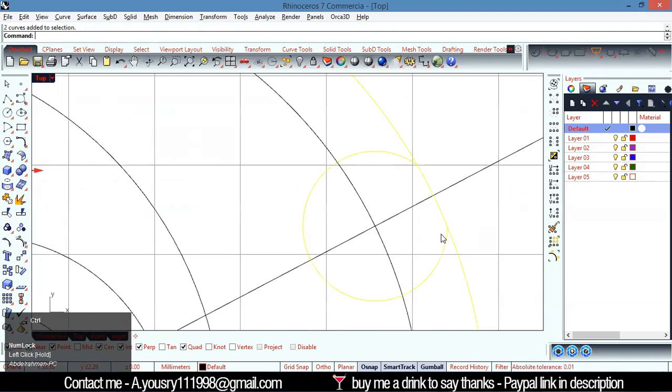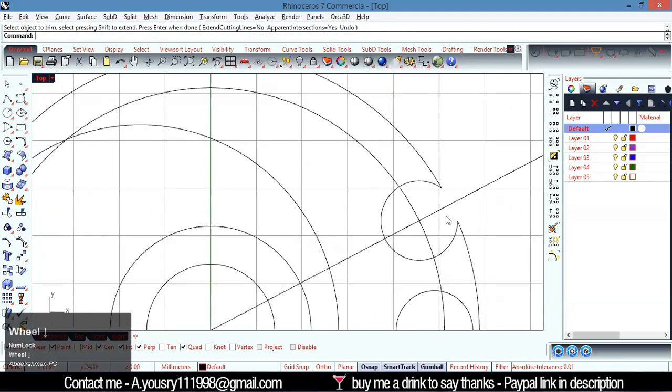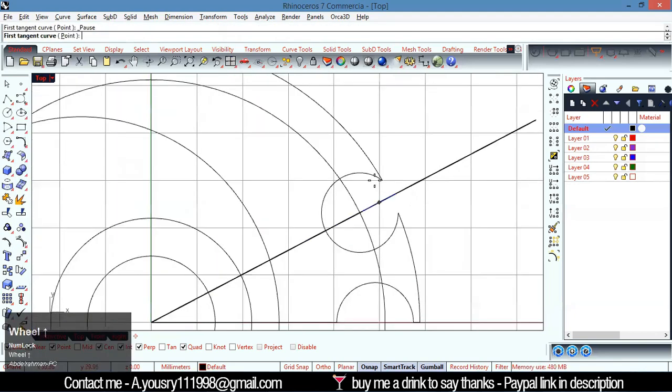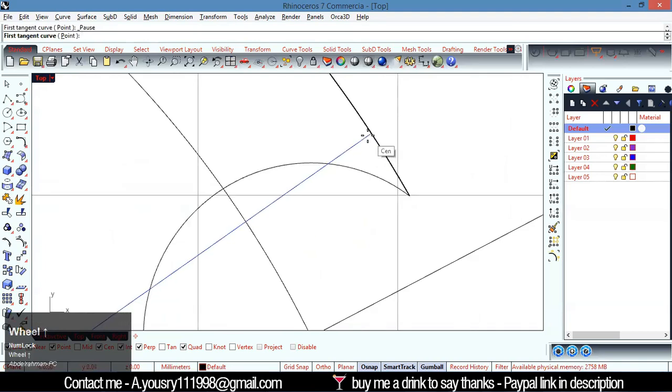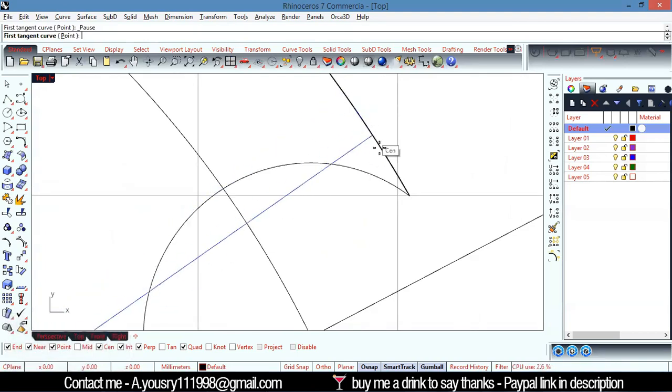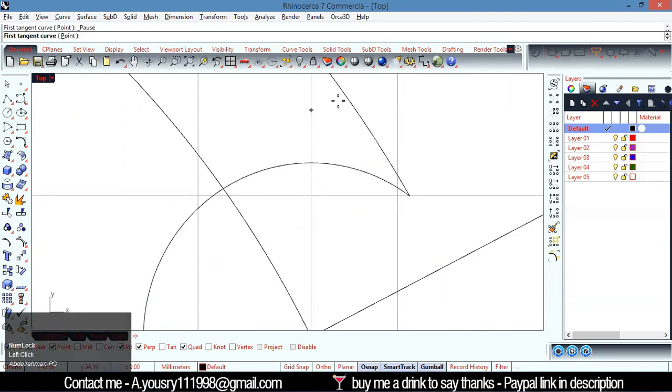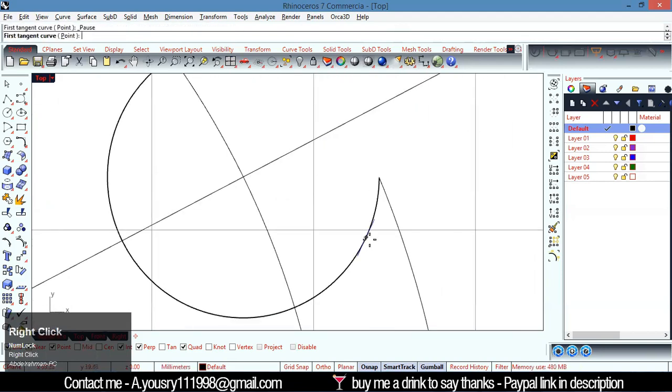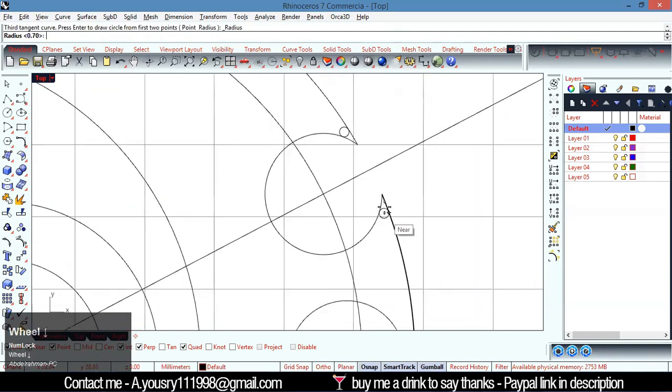I have to trim this part and go to circle here. I'm going to turn off the center from the O snap. 0.7, right? And also here 0.7.